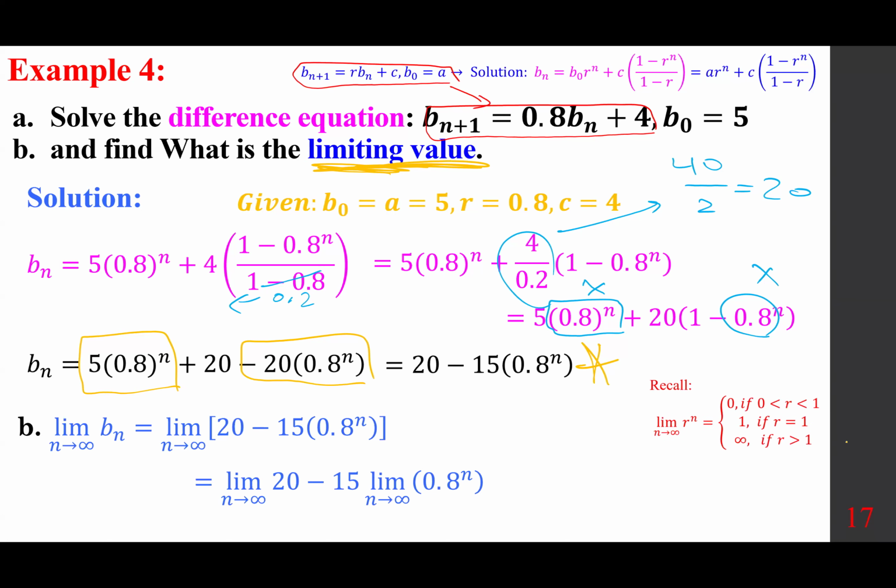I'm reminding you of this, that you should know the theorem. And it indicates that this goes to 0 because 0.8 is between 0 and 1. And if you recall, between negative 1 and 1 goes to 0. So this goes to 0. So you have 20 minus 15 times 0, which is simply 20.